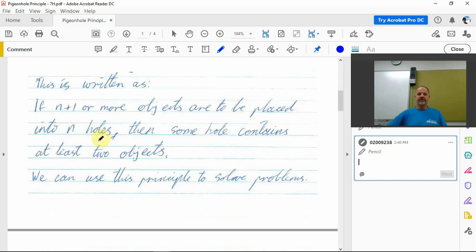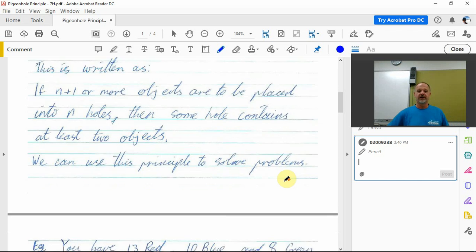If n plus 1 or more objects are to be placed in n holes, then some hole contains at least 2 objects. Up here, n was 7, n plus 1 is 8, 8 pigeons in 7 holes. One of those holes had at least 2 pigeons in it. And so we can use this to solve problems.